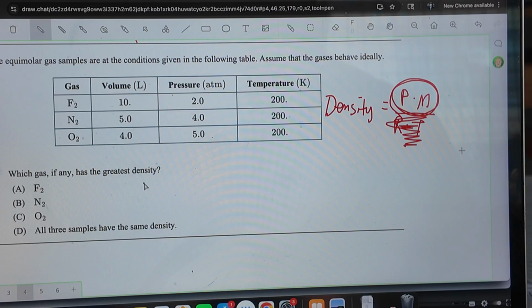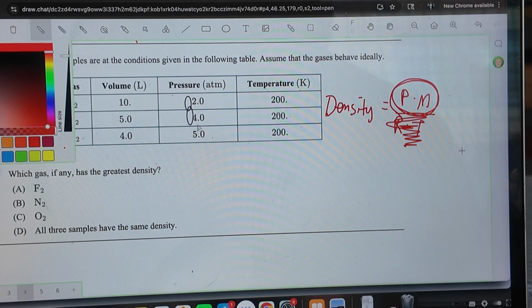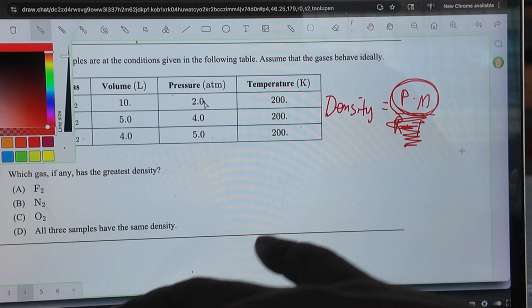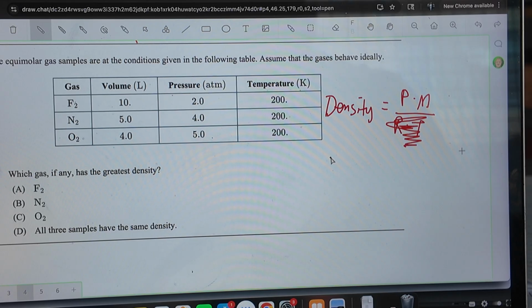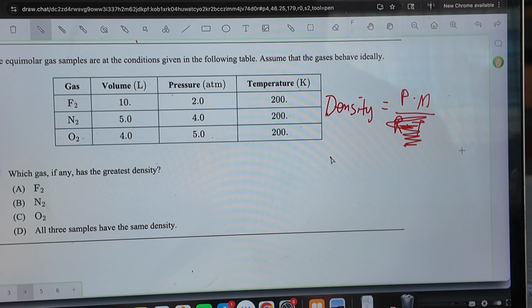So for calculating A, you have 2 for the pressure. You have a pressure of 4 for nitrogen, and you have a pressure of 5 for oxygen.